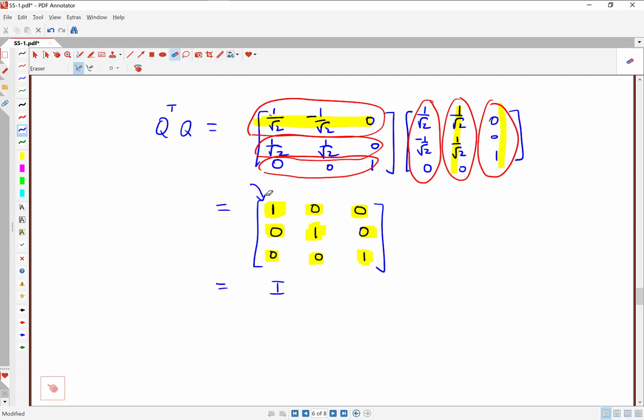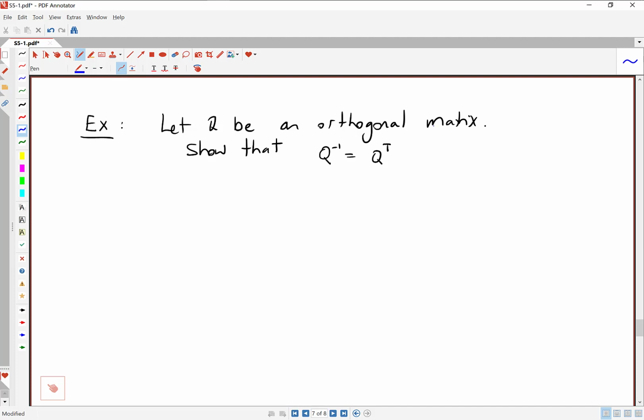Let's let Q be an orthogonal matrix, and we're going to show that Q inverse is equal to Q transpose. Well, given the fact that Q is orthogonal, the one thing we know from our previous fact is that Q transpose times Q equals I. So saying this equation is true is equivalent to saying that Q is orthogonal.